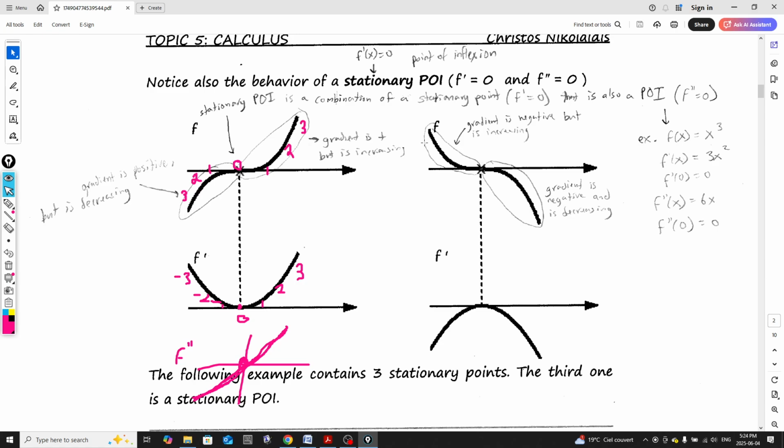Same thing here: your gradient is, let's say, -3, -2, -1, 0, 1, 2, 3. Again, it just touches the x-axis. So hopefully that is clear.